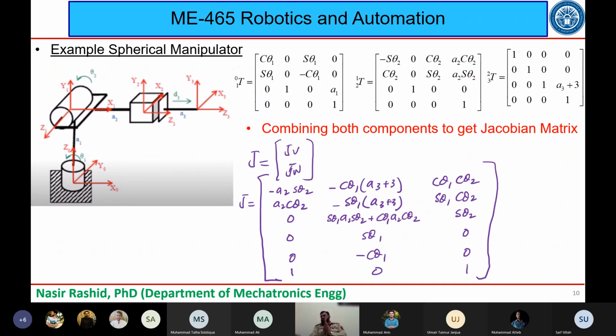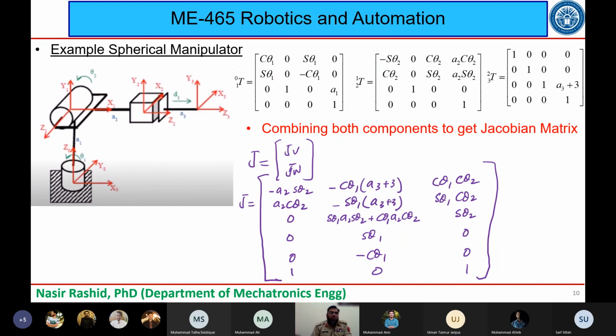Now tell me, this got quite boring because it has too much math, but I request you to go back home and when you open up your books in the evening, please do all this mathematics, all these matrix multiplications with your own hand, so that it becomes clear to you how a Jacobian of a spherical manipulator can be calculated.